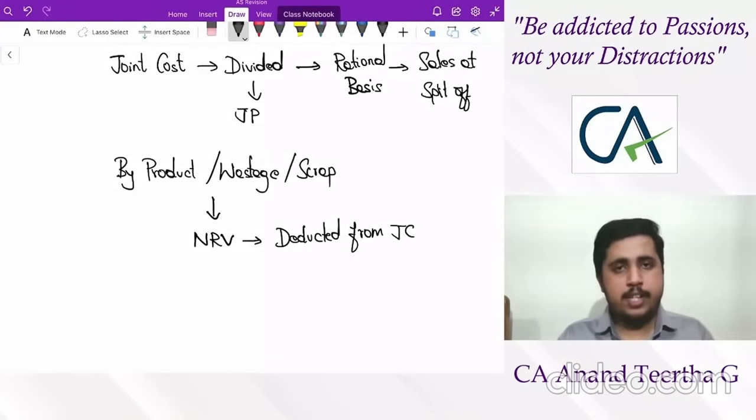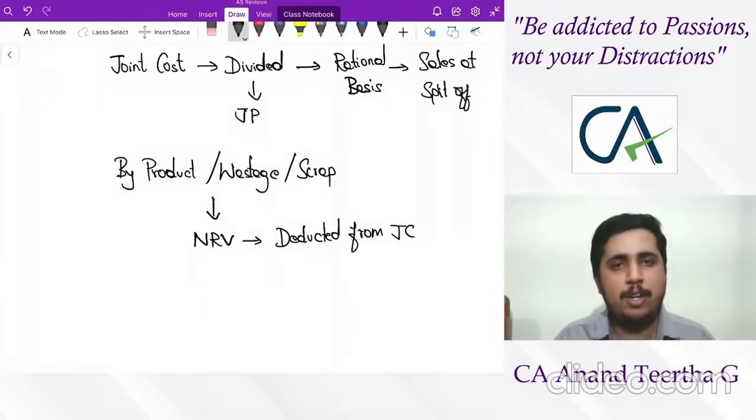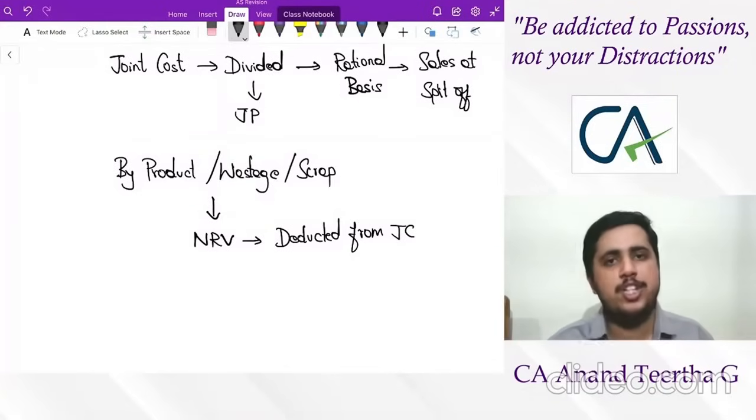So all these byproducts, wastage, scrap and all should always be valued at NRV, and it should be deducted from joint cost. That joint cost will be bifurcated between joint products.